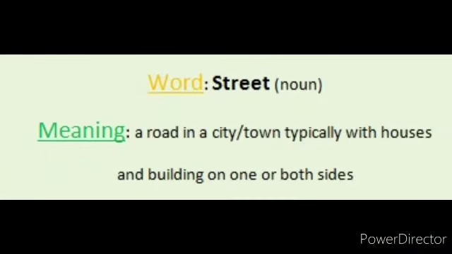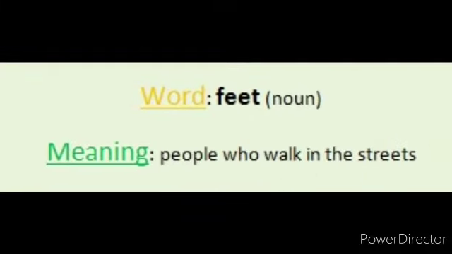Street means a road in a city or typically a town with houses and buildings on one or both sides of the road. Do you know what the poetess means by the word feet in the poem? Well, here feet is the people who walk in the streets.